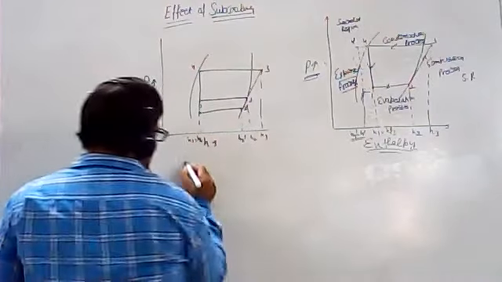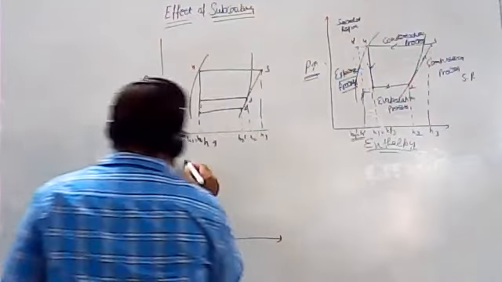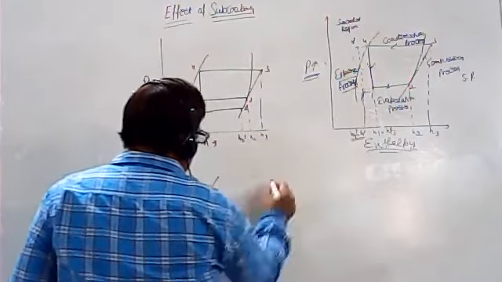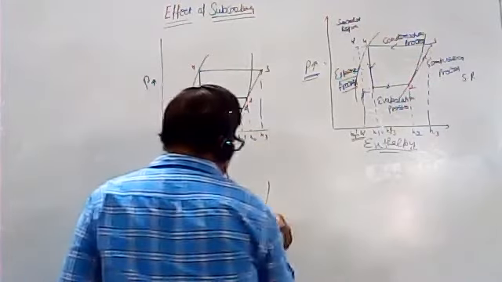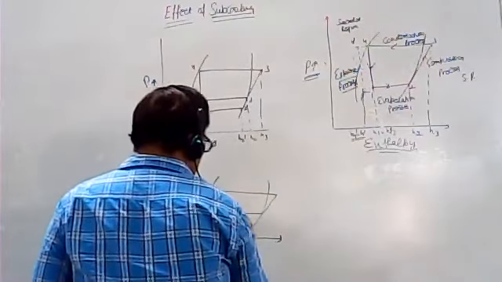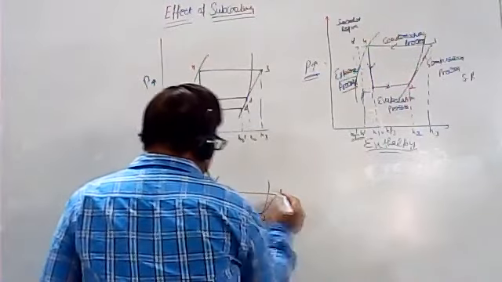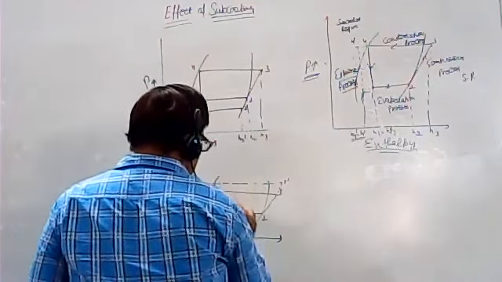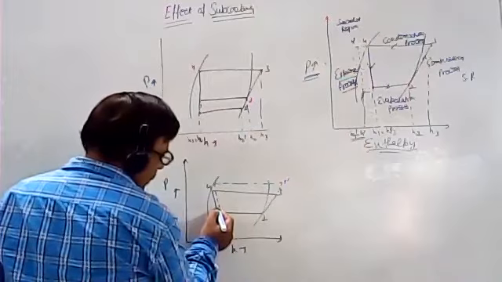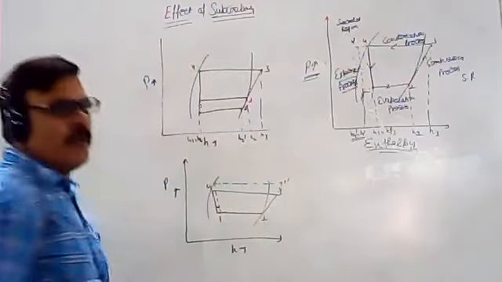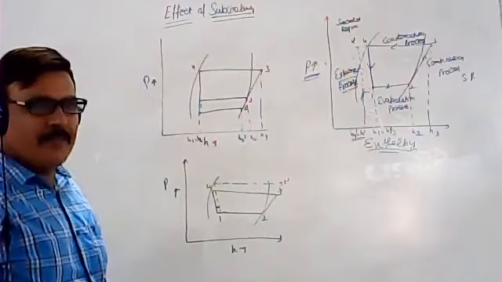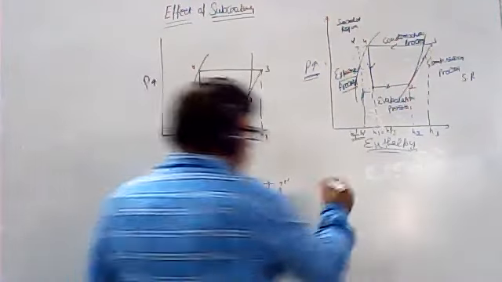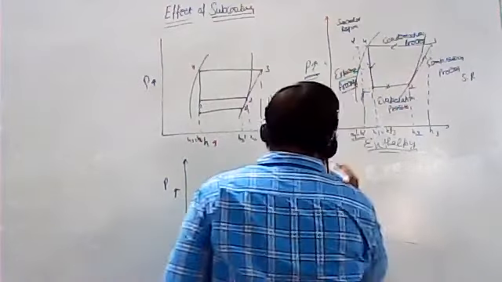First case was there. Second, pH diagram, when your discharge pressure gets increased. First case was there. When the discharge pressure gets increased, then what is its effect? Okay. So this means this much refrigeration effect is going to decrease. Okay. So the overall COP will get reduced. Then one more case was there.